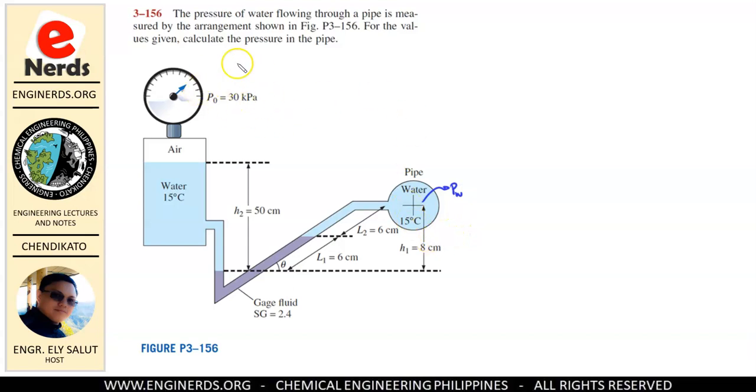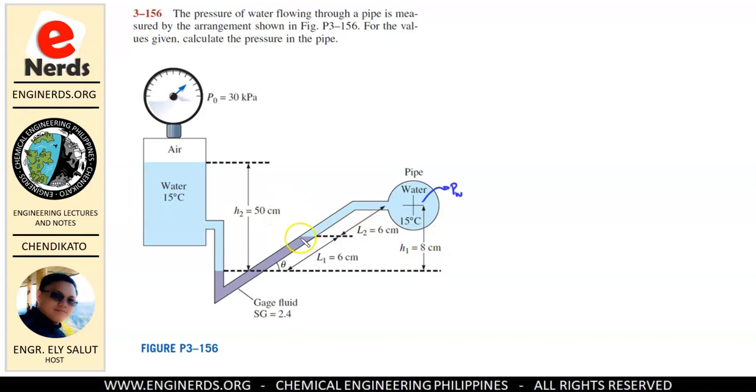So we have PO in here, as you can see, with air. And then we have water. Then ito yung ating inclined manometer. And our liquid here is having a specific gravity of 2.4. Now, in here, the given vertical height or distance is coming from this level up to the center of our pipe. So basically, from our PW, which is 8 centimeters.